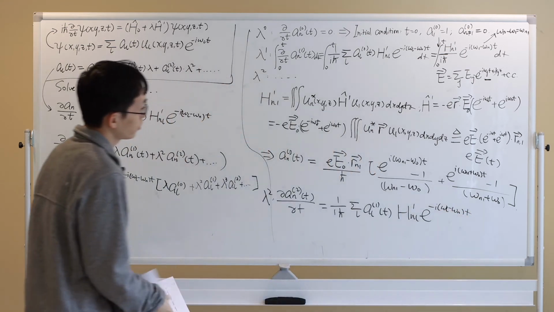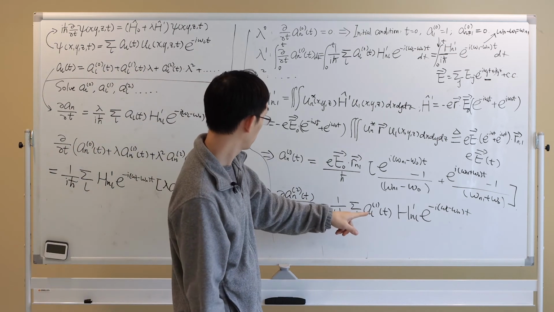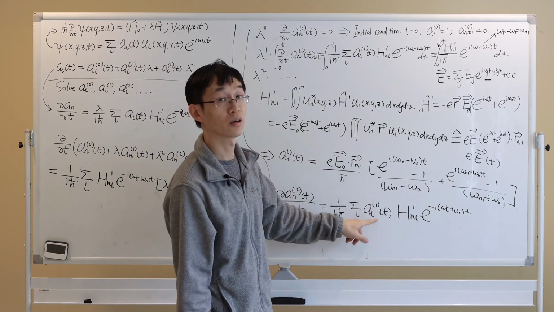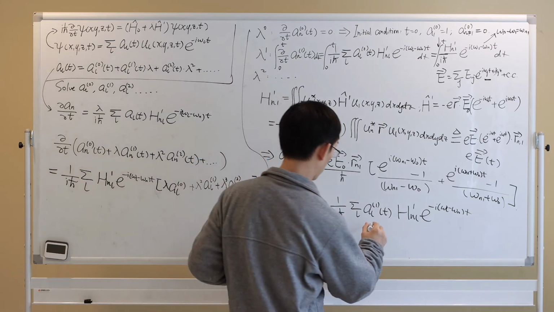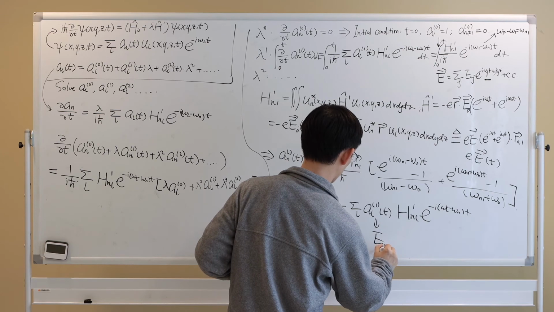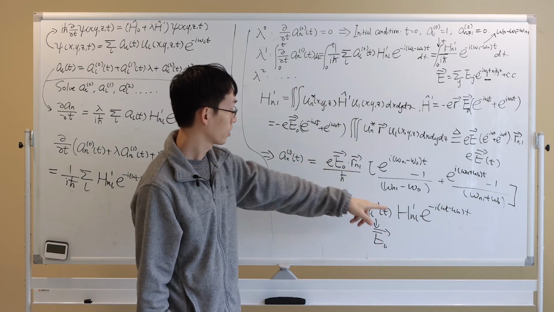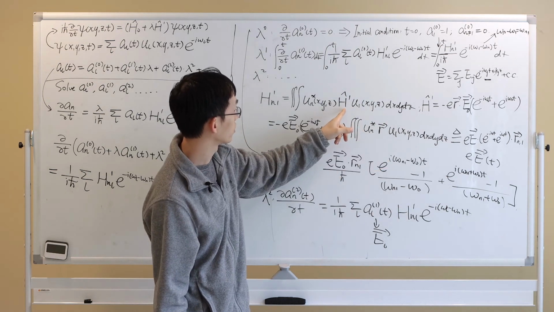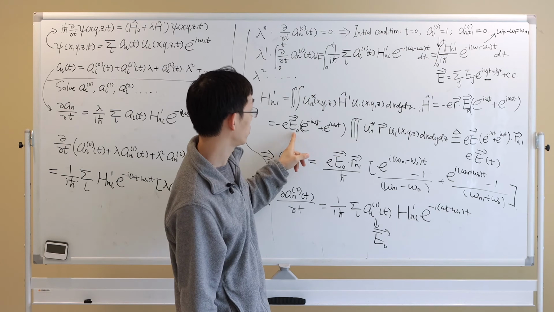Okay, so the important thing here is to notice that AL1, which is solved here, has E naught in it. This one has an electrical field in it. And the H here also has E naught in it.